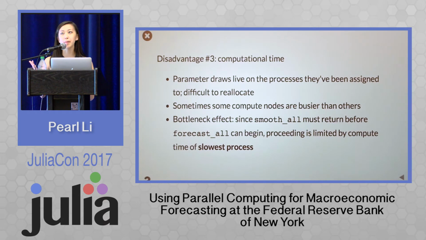So that's already happened after we have any control over where the processes go. And so what ends up happening is this bottleneck effect, where since we have to have smooth all return before forecast all can begin, you're limited by the compute time of the slowest process on the slowest compute node.